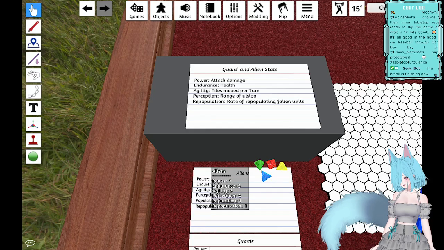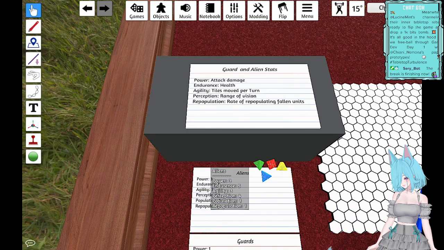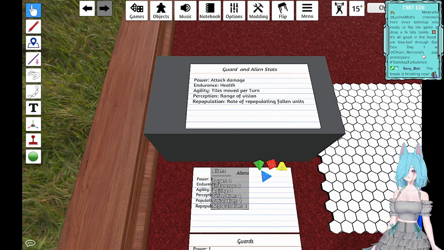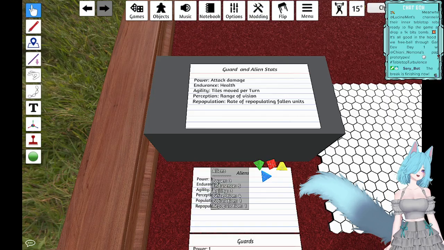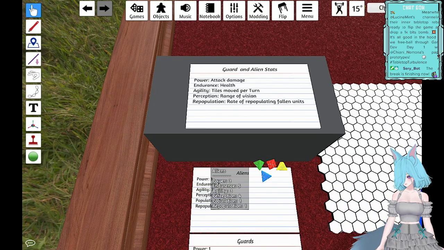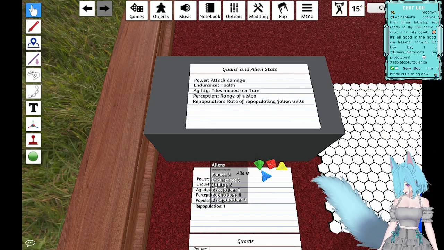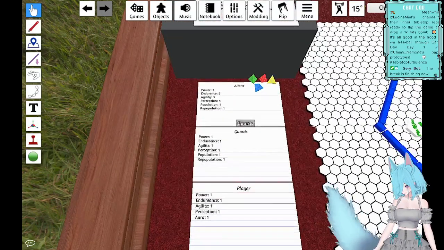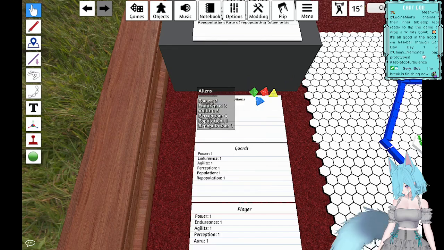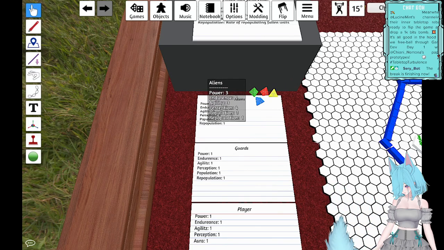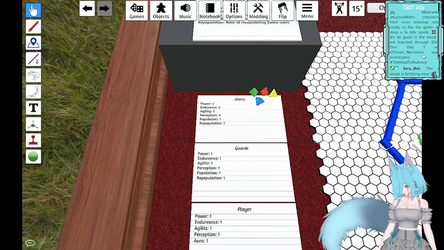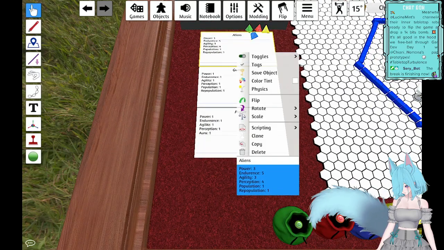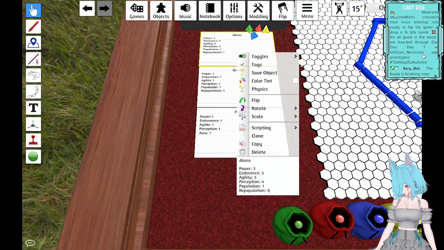As it just turned out, I suck at math. 15 divided by 4 equals 3.74. I'm going to round up here. So that gives them a repopulation of 4. Come on, give me the repopulation. There, thank you. Population of 4.